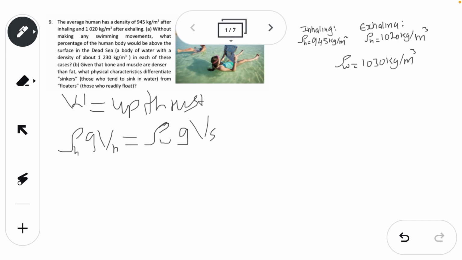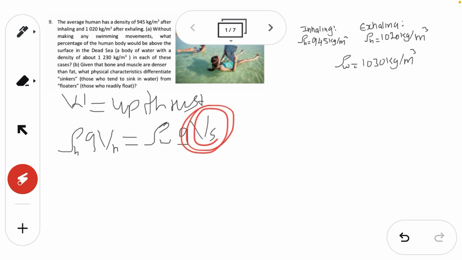We need to find the amount of VH that remains on top of the surface, so let us first know how much of this body was submerged.